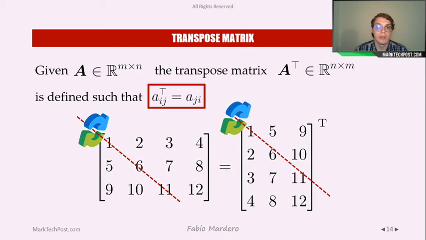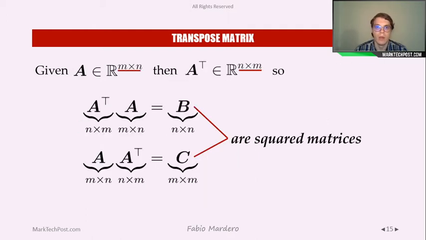We've then defined the transpose matrix, which is the matrix flipped onto its diagonal axis, as we can see in this picture. The transpose matrix can be used to take a generic rectangular matrix and transform it into a square matrix by multiplying the original matrix by the transpose matrix.